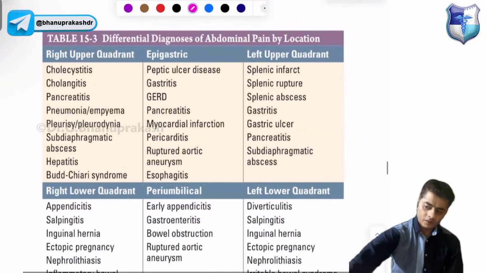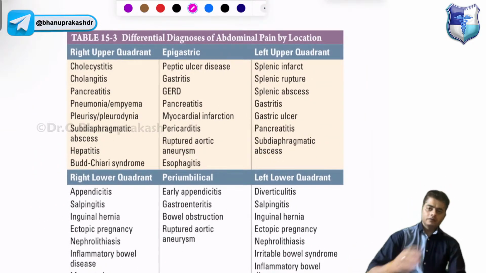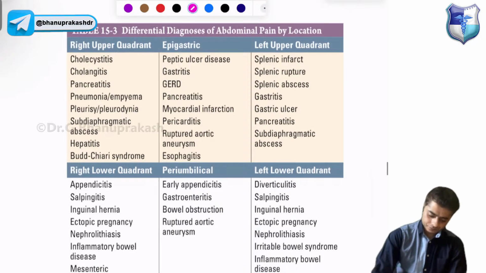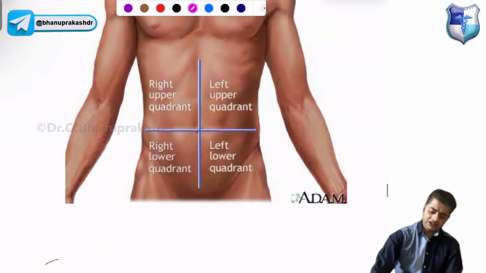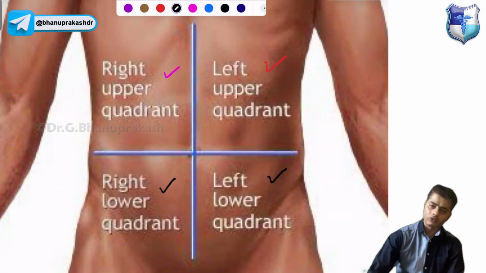Now, after completing this, we will come to the differential diagnosis of abdominal pain by location. So here you can see a diagram where abdominal pain is divided into right upper quadrant, left upper quadrant, right lower quadrant, left lower quadrant.